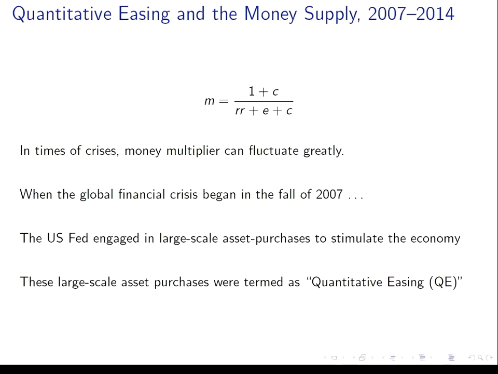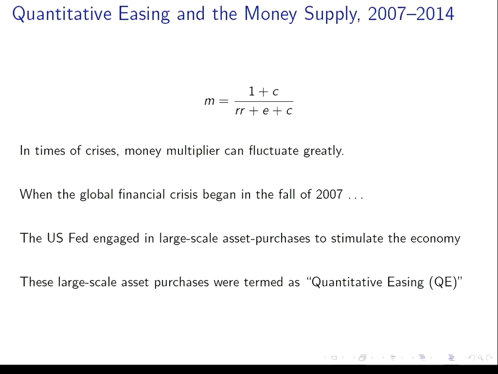So an example is the global financial crisis that started in the fall of 2007. The US Fed engaged in large-scale asset purchases, essentially open market purchases, that increased reserves by a tremendous amount.